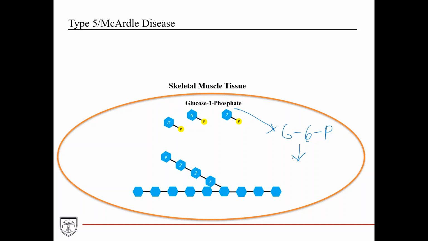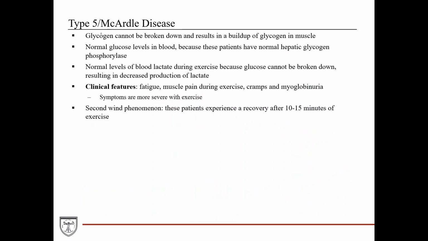They're then just immediately going into glycolysis so that you can produce ATP, power the muscle and power muscle contraction, especially for exercise. So in this disease, what happens is glycogen cannot be broken down, and it results in a buildup of glycogen in the muscle. Like we said, you have normal glucose levels. This is really important.